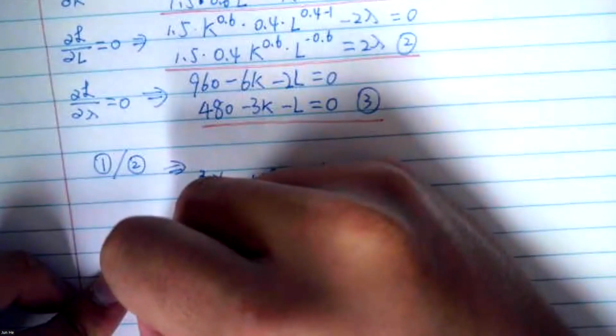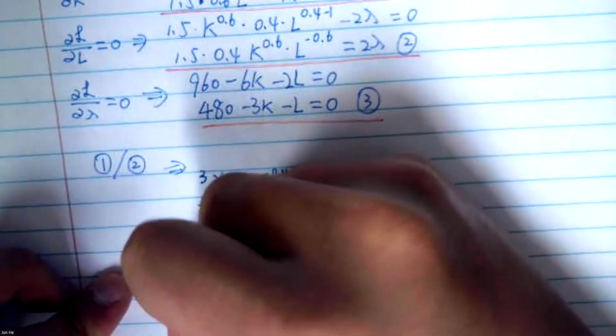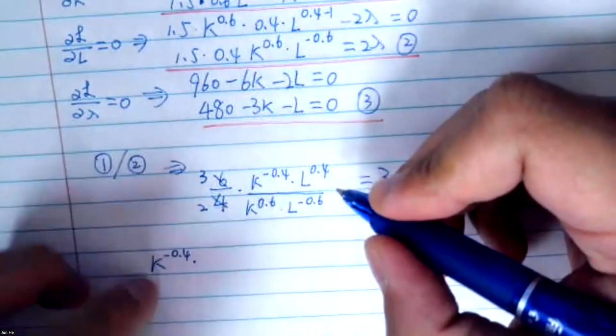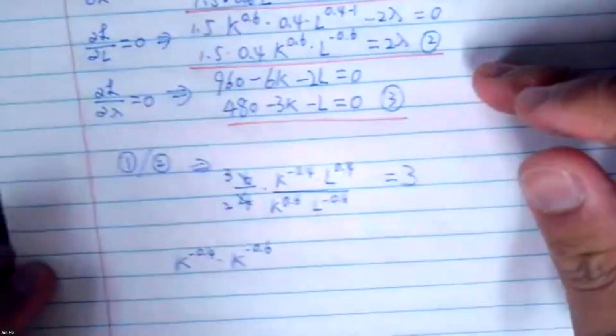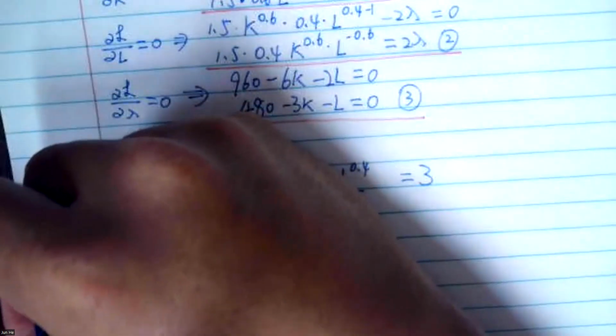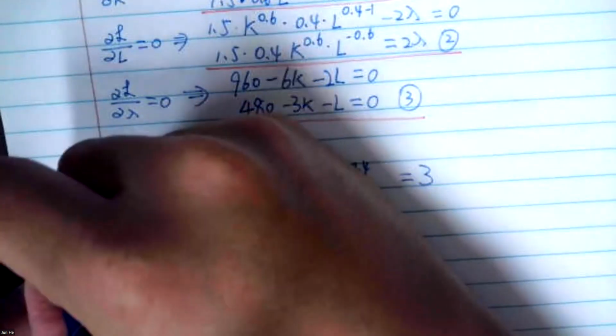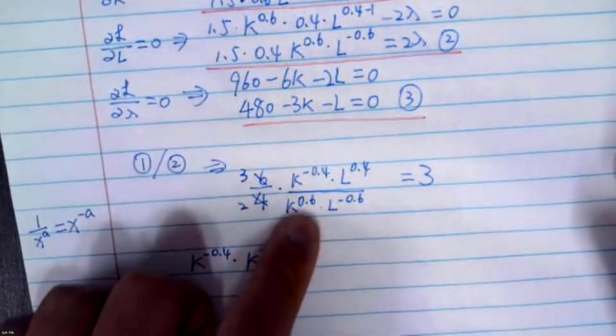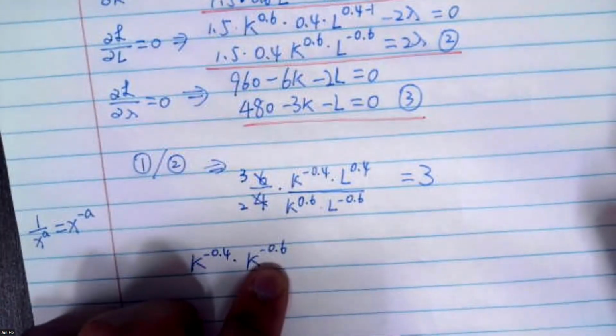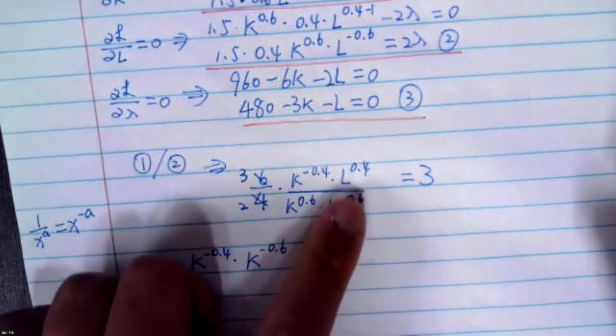And also, then we have K to the power of minus 0.4 by K to the power of minus 0.6. Why is that? 1/x to the power of a is x to the power of minus a. So here, that's why we can write this as K to the power of minus 0.6.